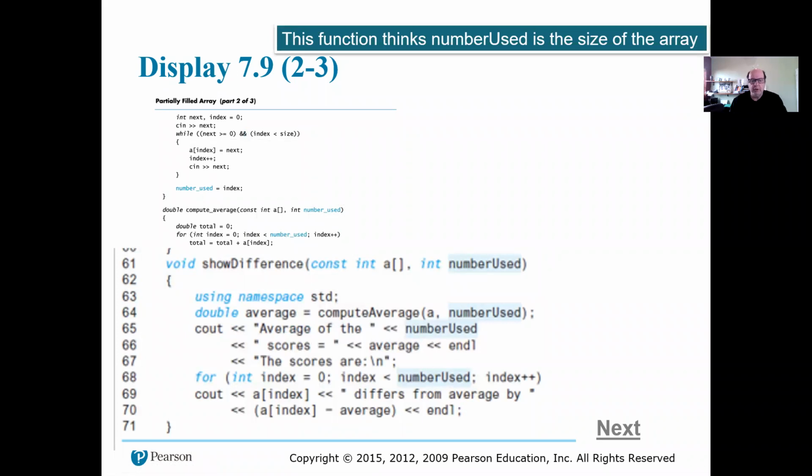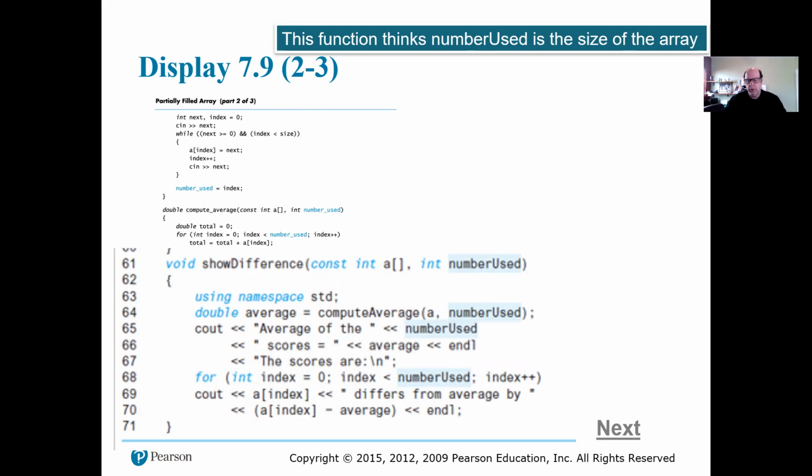The other one is called show difference. In here, it has the average, and it wants to show the difference from the average. We have work from last week that is asking for the average and the difference from the average. For the rainfall, we had the actual, we had the average, and we would have the difference.